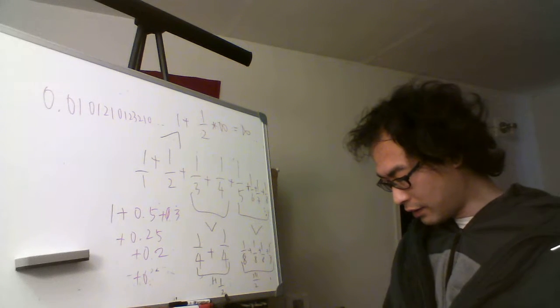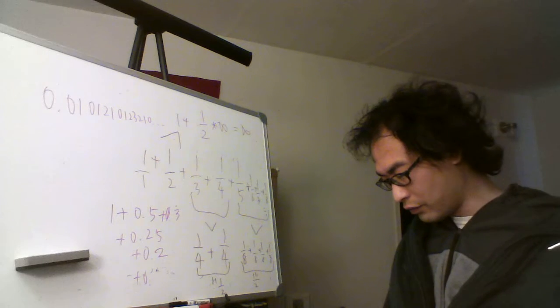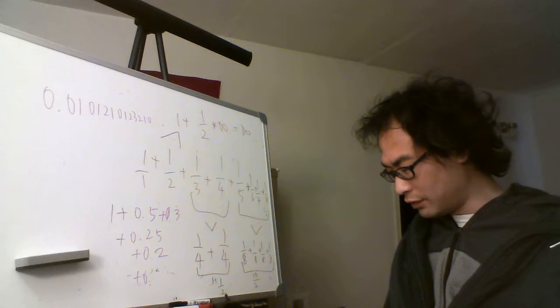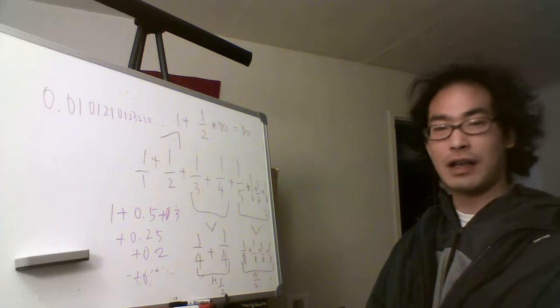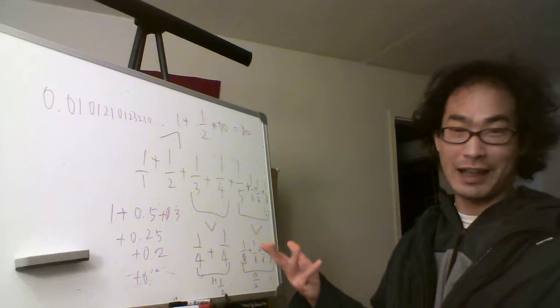Yeah, if the integral of f(x) dx is convergent, then this one is convergent. Yeah, we can use that. It's beautiful. There's this beautiful connection between algebra and calculus, I mean, number theory and calculus.